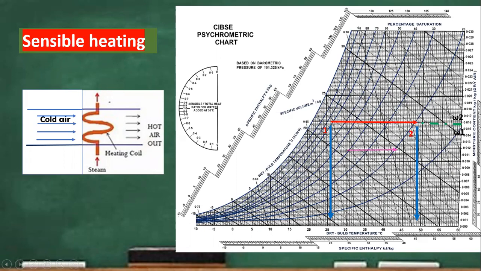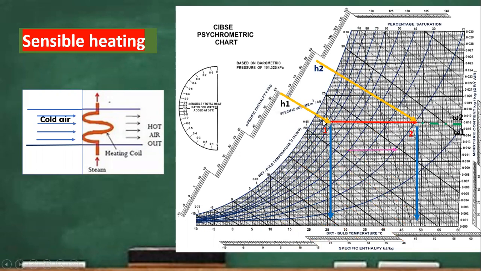Next, we'll measure the enthalpy during 1 to 2, whether the enthalpy changes or decreases. These dotted lines indicate the enthalpy lines. H1 is the enthalpy at point 1, and H2 is the enthalpy at point 2.